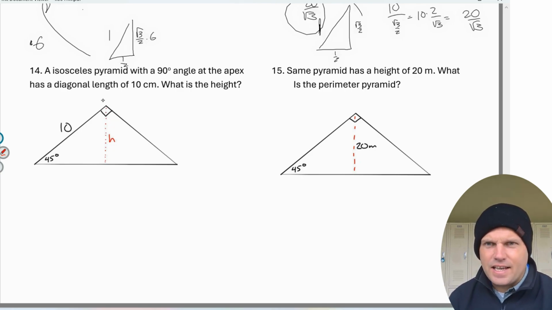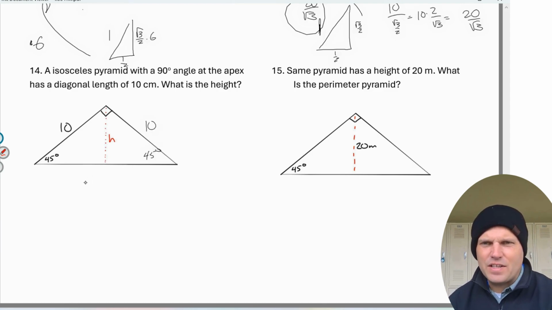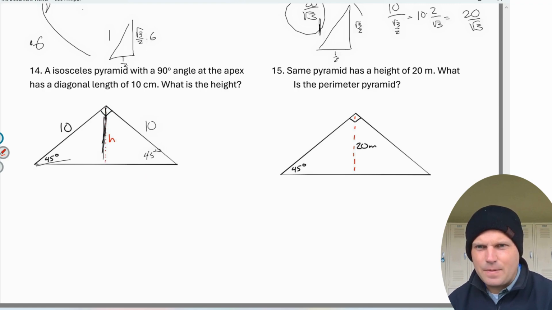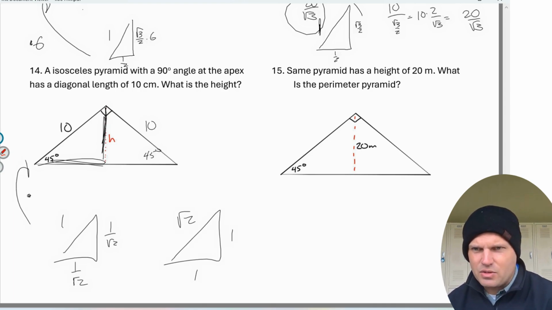Okay, if this is a 45, 45, 90, then this is 10. You can find this side, or split this in half. This side length is the same as this side length. If you want to start with your 1/√2, it's probably easier, doesn't matter, to use this.